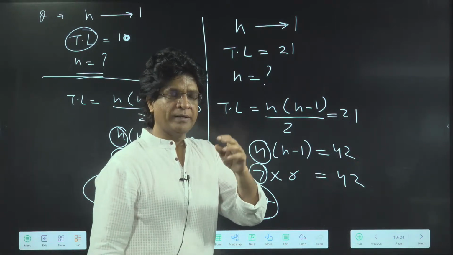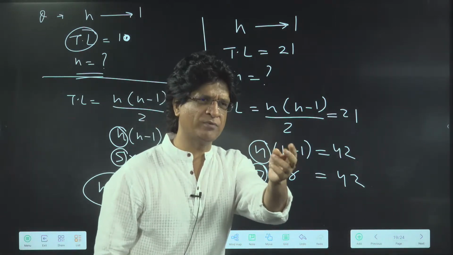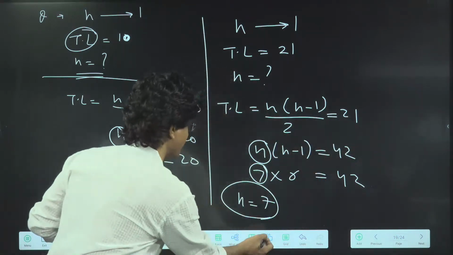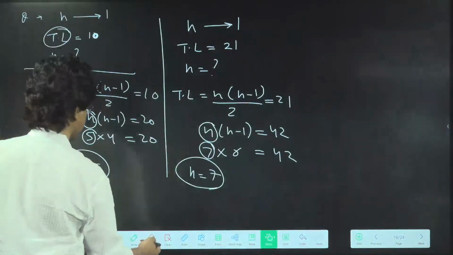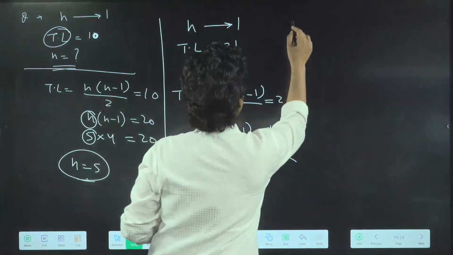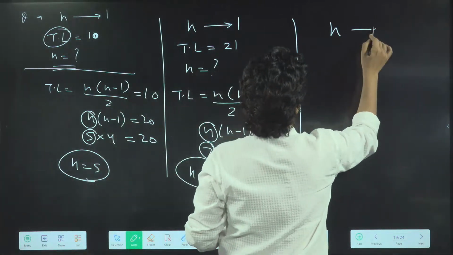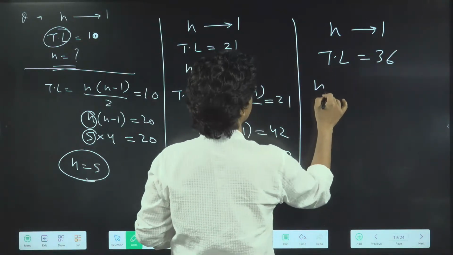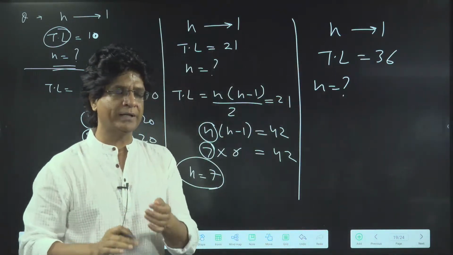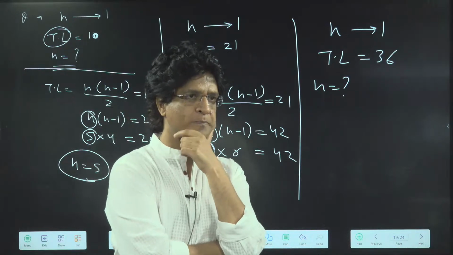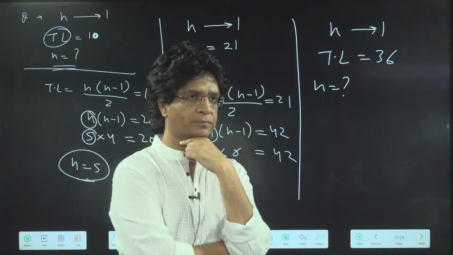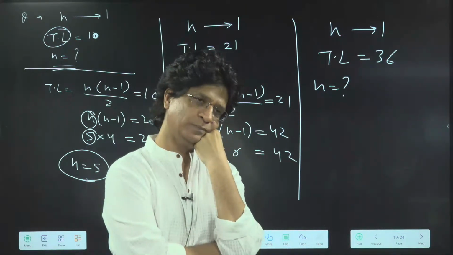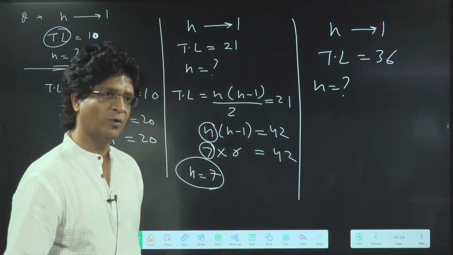Getting it? Very good. Can I ask you one last question for the sake of practice? For the fastest fingers first, and then we leave it. Come on, I want everyone to be right. n to 1, total number of lines is 36. Find n. Be quick. Brilliant, Ananya.